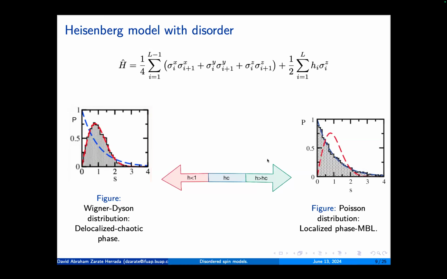And if we calculate the level spacing distribution for some value of h larger than the critical point, we can see that it matches the Poisson distribution. If the system presents this behavior, we can say that the system has many-body localization.